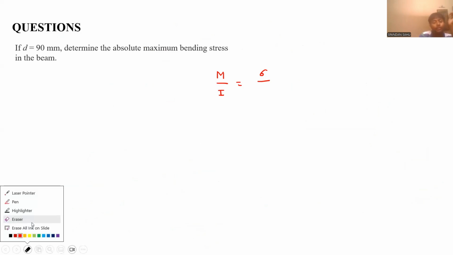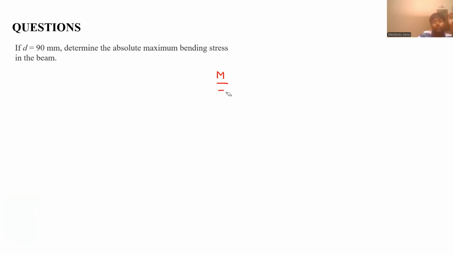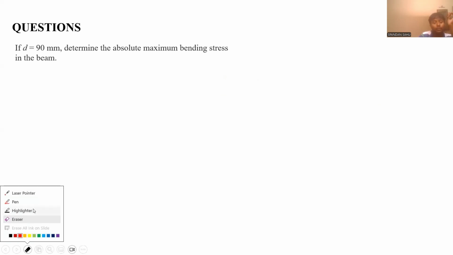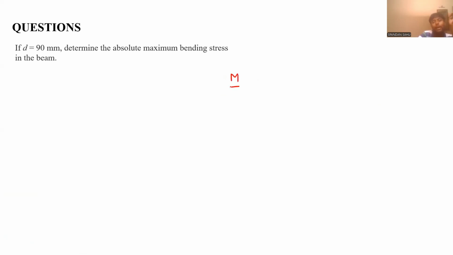Correct? And I for a circular section, we know is pi by 64 d power 4.